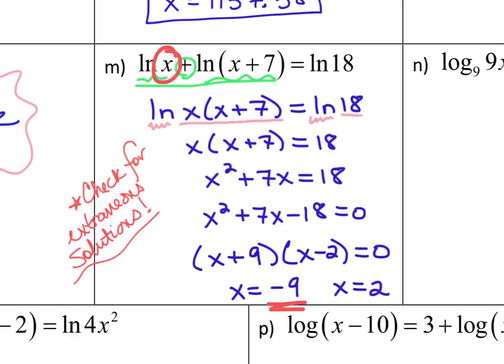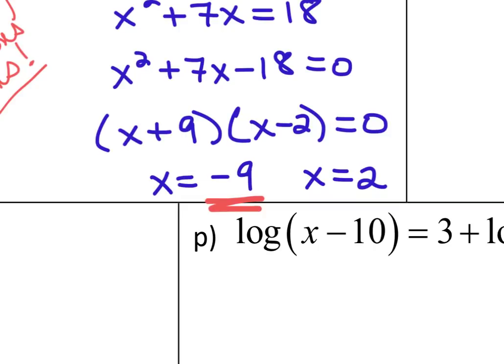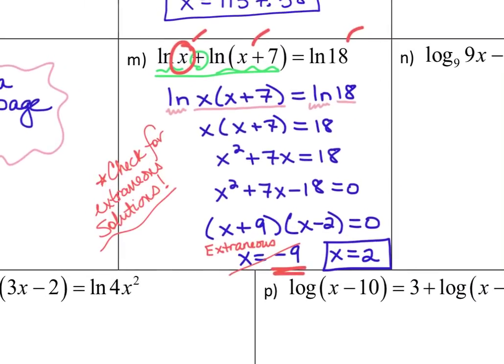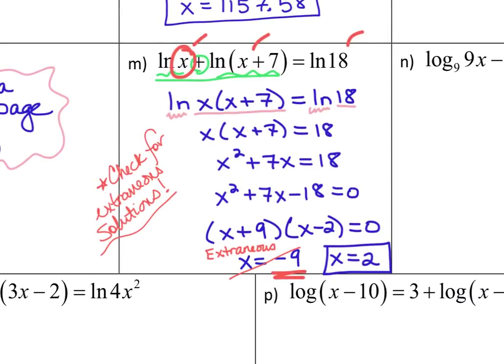Whereas ln of +2 works here, and doesn't change ln of 18. So x equals 2 is your good solution, and x equals -9 is extraneous. And what I would like for you to do is write that a solution is extraneous.